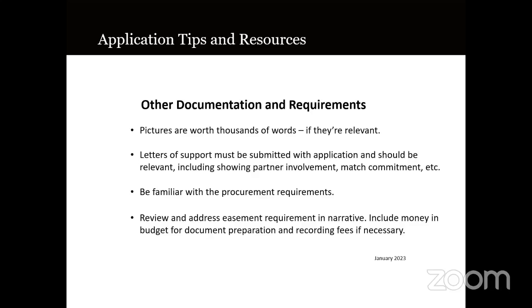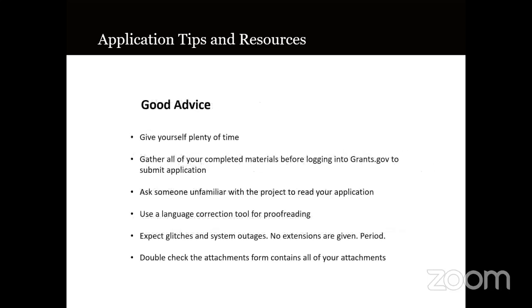And then I think the easement requirements are fairly well addressed in the notice of funding opportunity, but there are a couple of items around your budgets that are important to note, particularly because they're items that you can include and will want to include. Because most all of these require an easement, you can include in the budget the expense of recording the easement and having the easement drawn up.